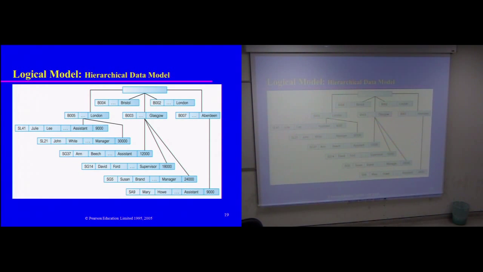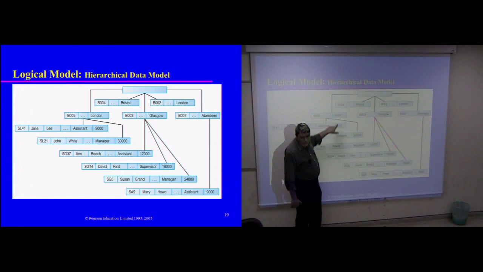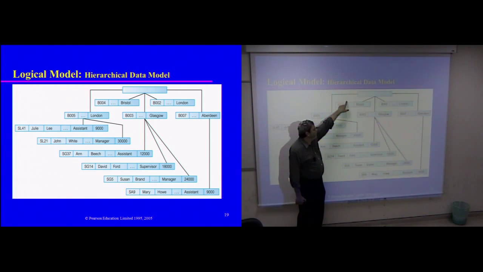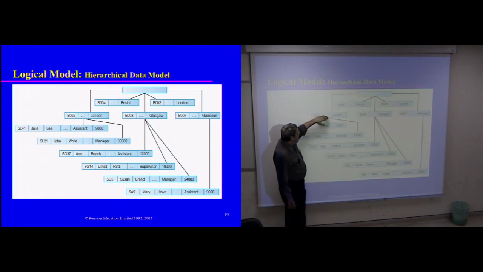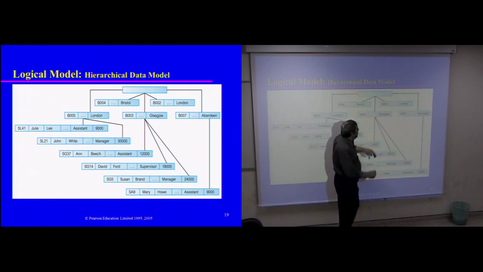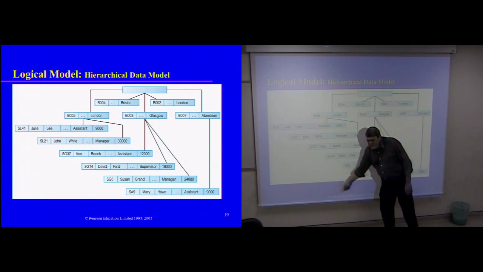Actually, same for the hierarchical data model. In fact, the difference between hierarchical and network is that in hierarchical, in order to get into an employee record, for example, you have to know the department, or the branch he works for, whatever. So you go here. This is the starting point. Of course, under this you can find others and so on.